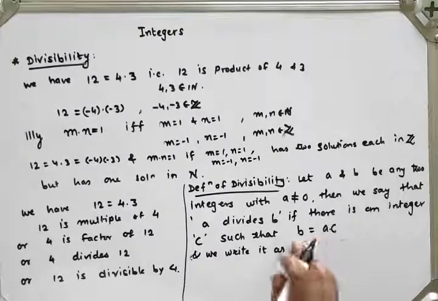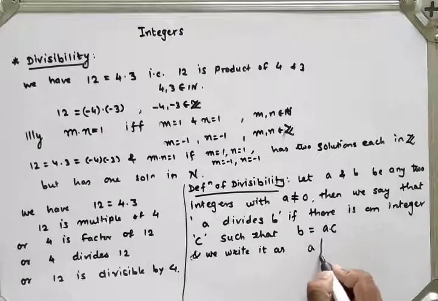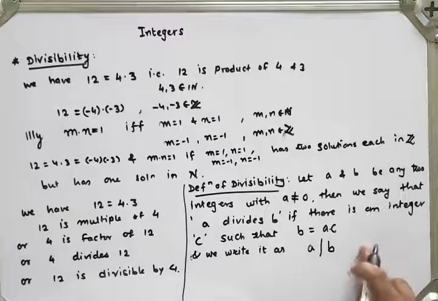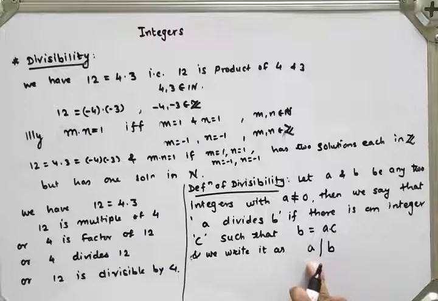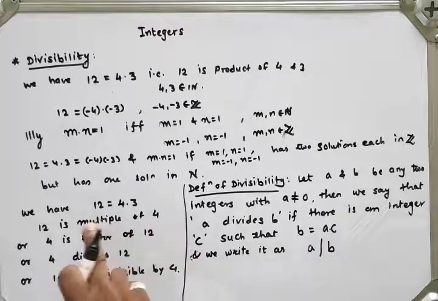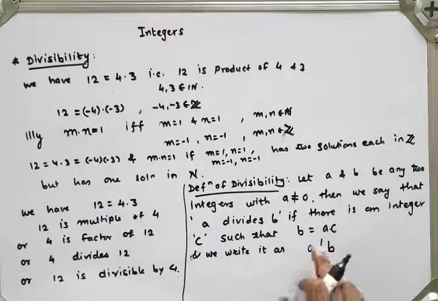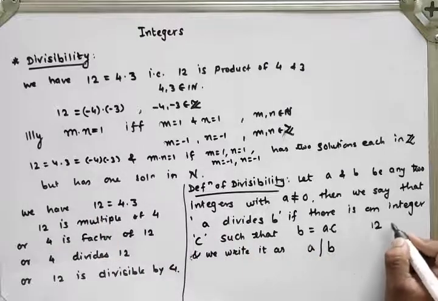A divides B means what? This is the straight line, not like this, so this line should be straight. We say that A divides B, or B is divisible by A, or A is a factor of B. Suppose we have 12 is equal to 4 into 3.